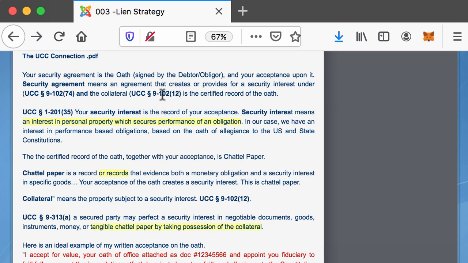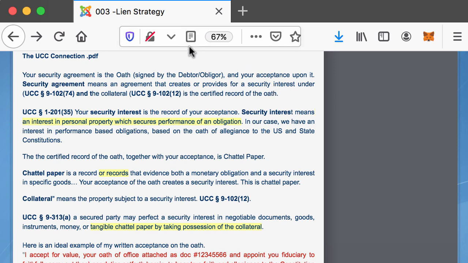And then if you look up UCC 9-102, paragraph 12 for the definition of collateral, you're going to see that the certified record or the oath is a pledge. Because an oath is a pledge, it's an offer. Once you put your acceptance on it, it is the collateral. So now your acceptance of office on the document is a security agreement, and it secures an interest in collateral.